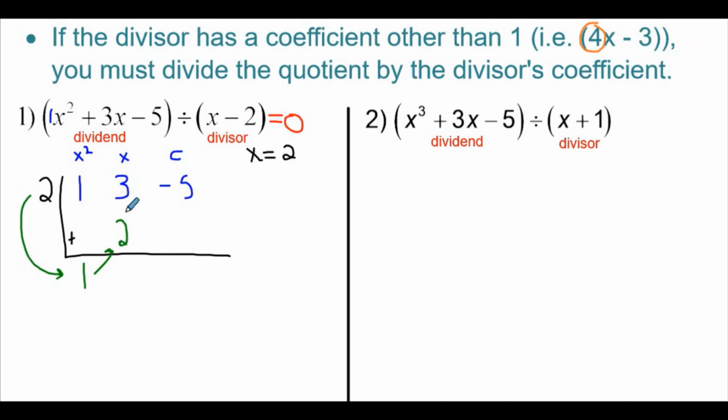Then you add: 3 plus 2 is 5. Then you multiply: 2 times 5 is equal to 10. Then you add -5 and 10, which gives you positive 5.